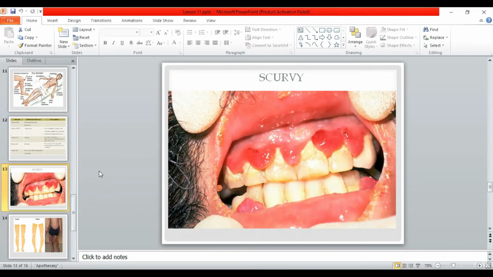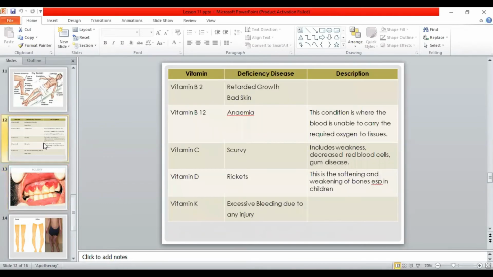You can have a lot of bleeding, and in some cases your teeth may fall off. Your teeth may not develop as they usually do, and it's really not a good sight.